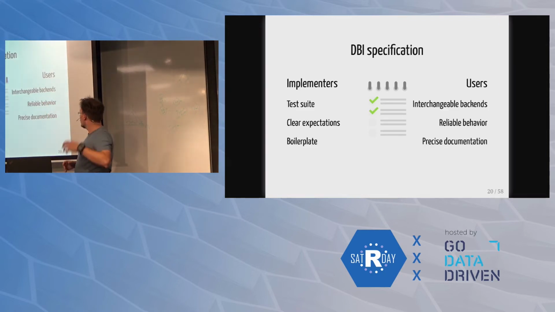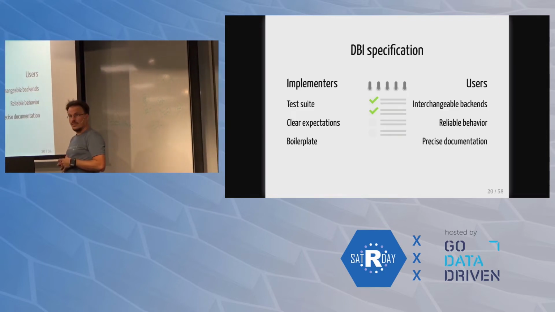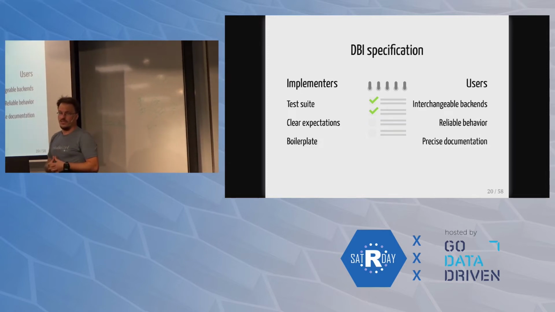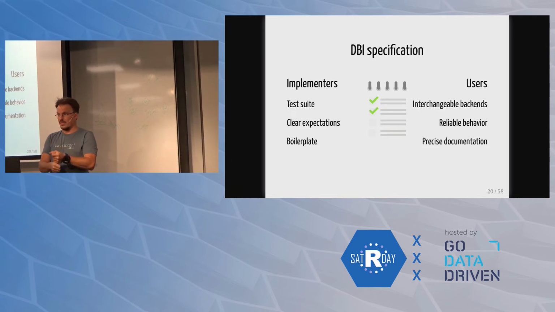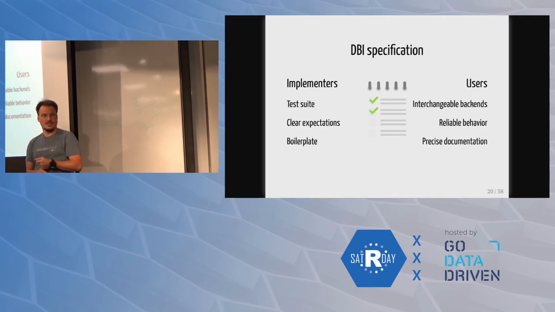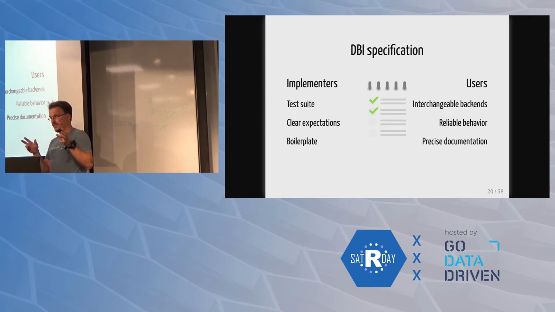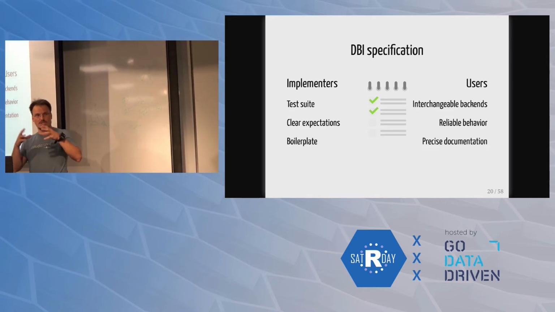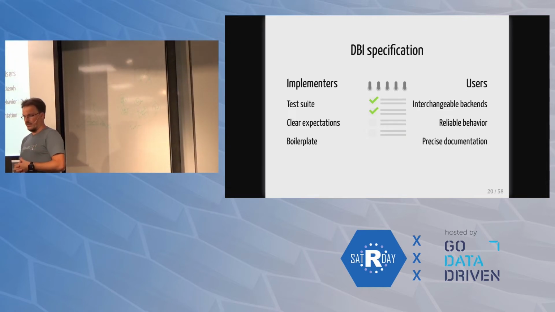So this is what we have for users. Interchangeable backends means you write code once that you use for different databases. If it's the same code, that's cool. Even if it's different code, you still just learn one interface to access.